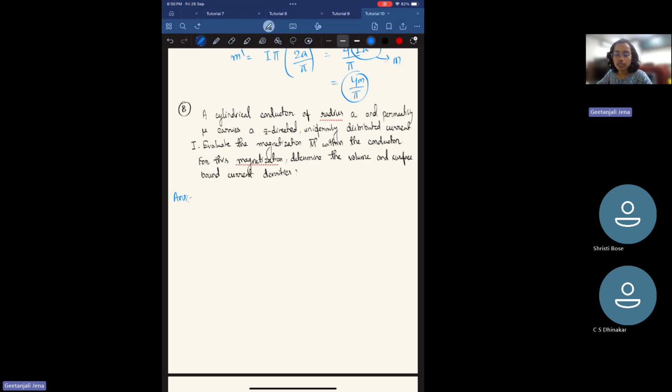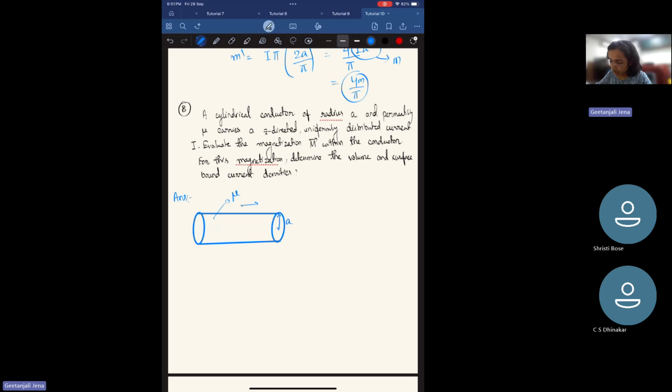There is a z-directed uniformly distributed current I. So let us draw it first. Radius is A, permeability is mu, z-directed uniformly distributed current.